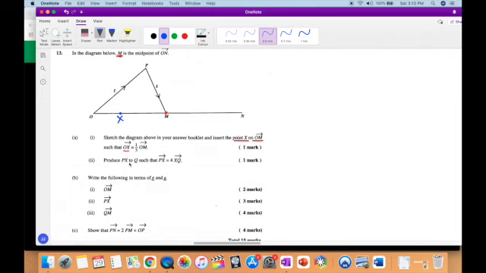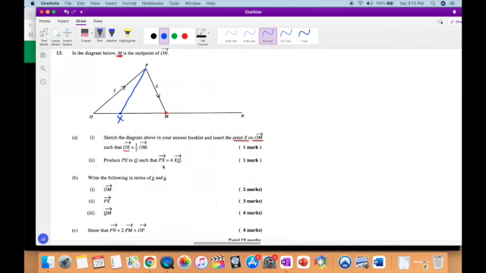Produce PX. What? Produce PX to Q. Such that, oh, I see. Produce PX, so PX is supposed to be a straight line. Alright, so I'm producing PX there.